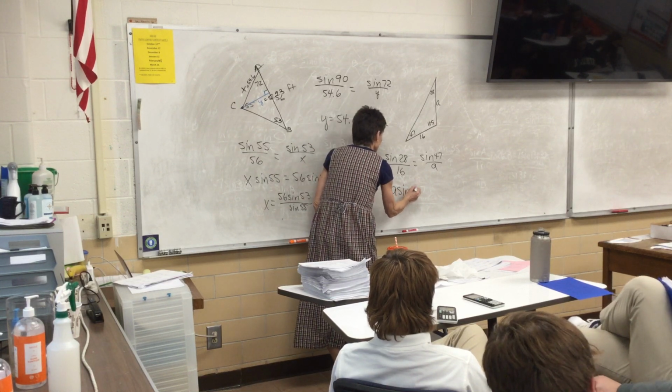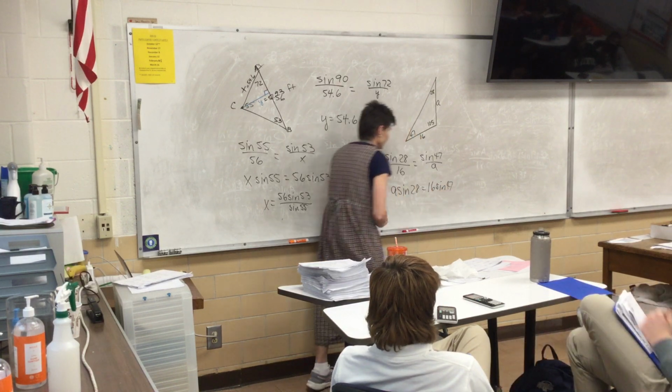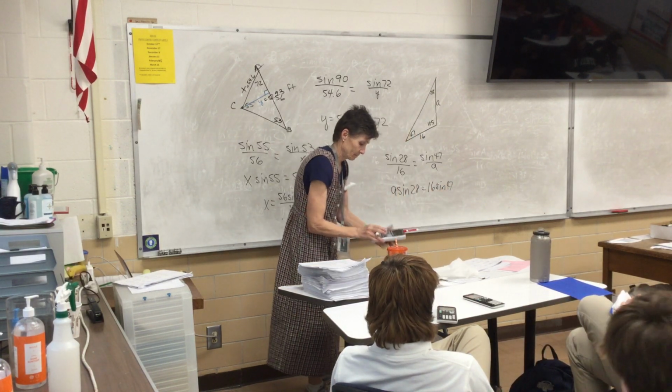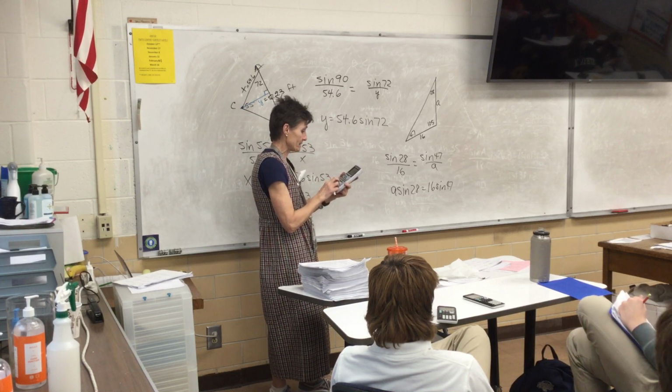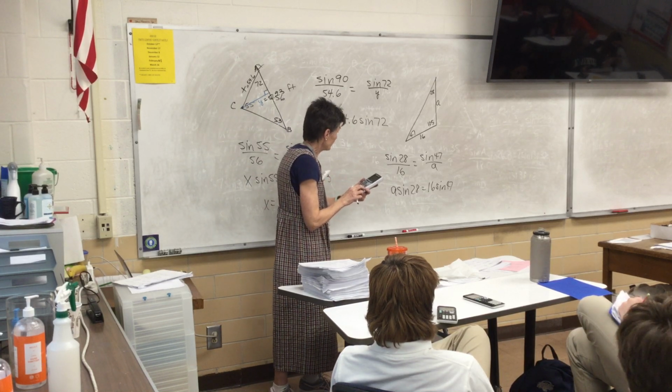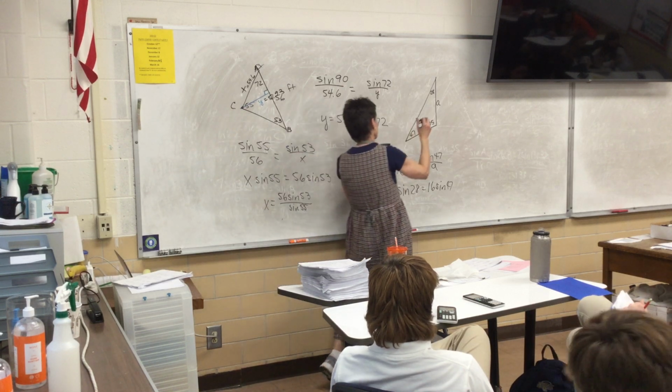So A sine 28 equals 16 sine 47. A equals 16 sine 47 divided by sine 28. 24.93.